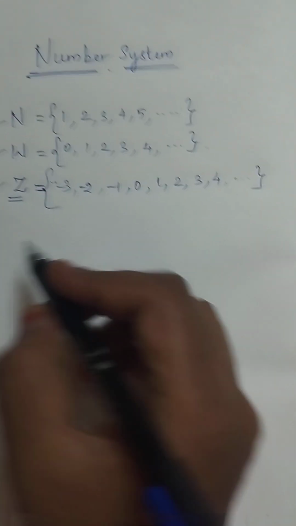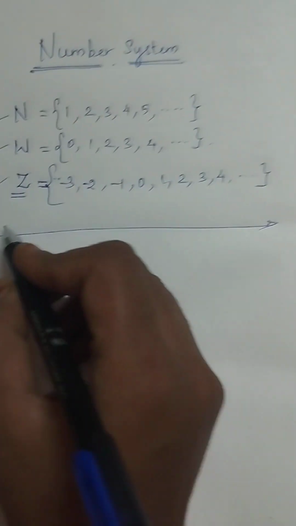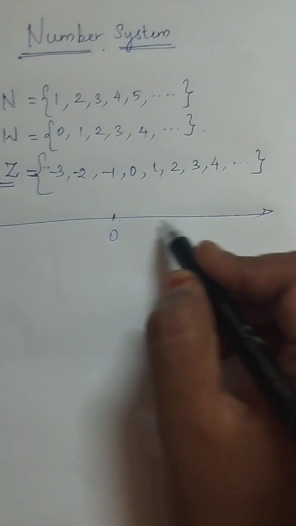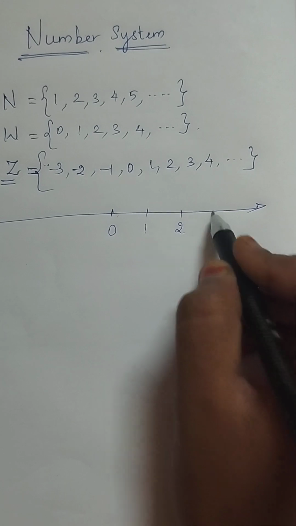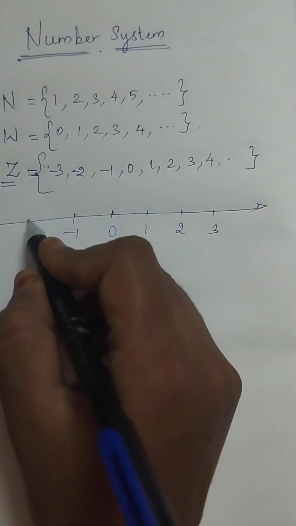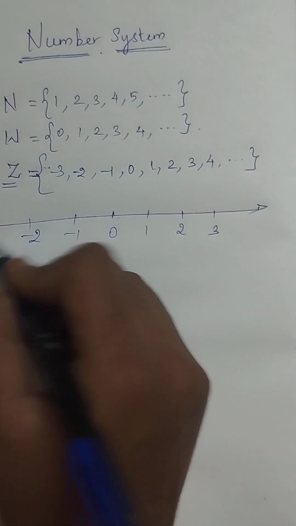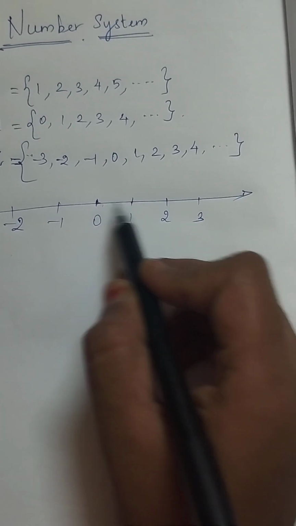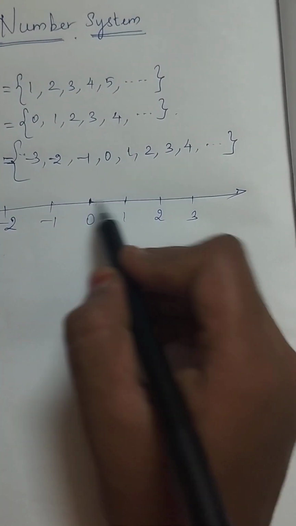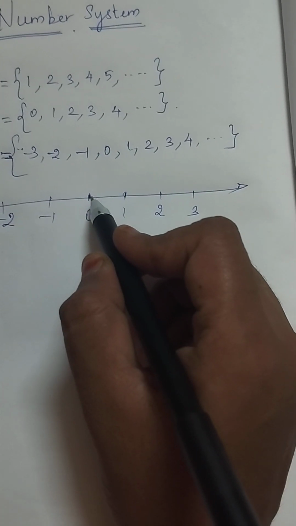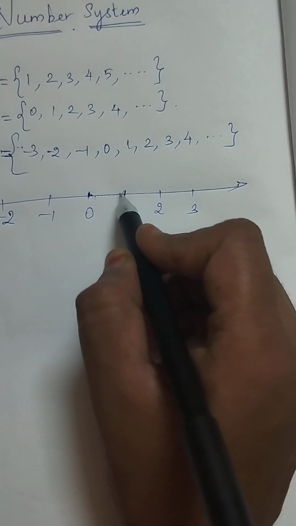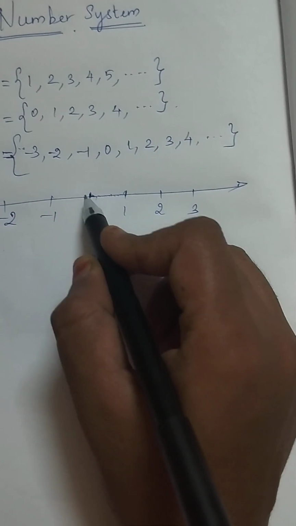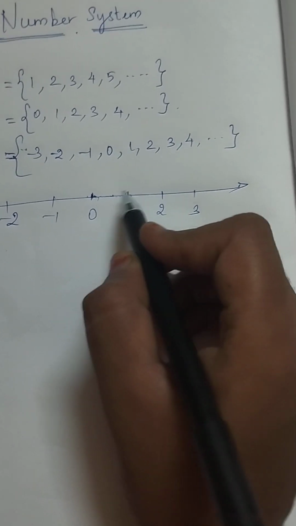Okay, so in general, if you have a number line here, this is 0, this is 1, 2, 3, and -1, -2, -3. So in between two integers, you can see there are infinite numbers present.